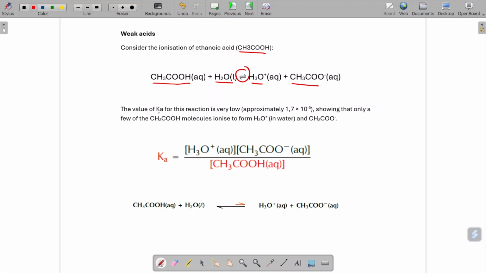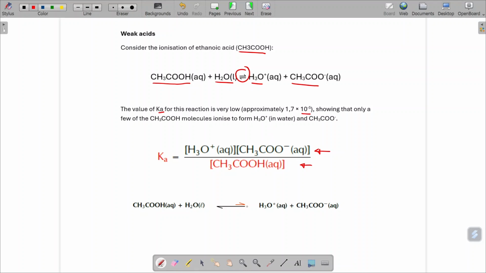When we work out the Ka value for this under experimental conditions, we find that it is of the order of 1.7 times 10 to the minus 5, a very, very small number. What that means is that the concentration of our products is very, very small, and the concentration of our reactant is very large, which is to be expected because we know that a weak acid is one in which the molecules ionize to a very small degree, and that is shown in this equation here.